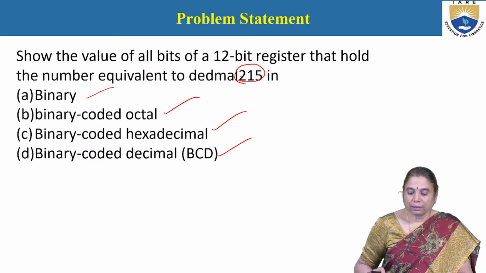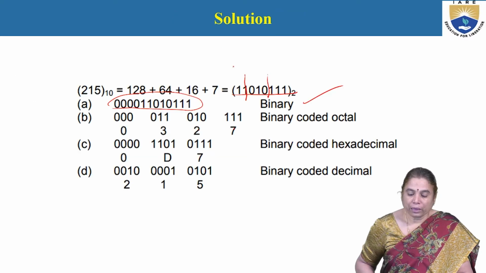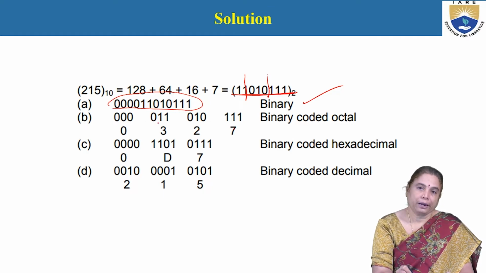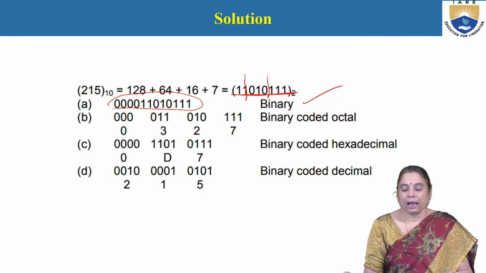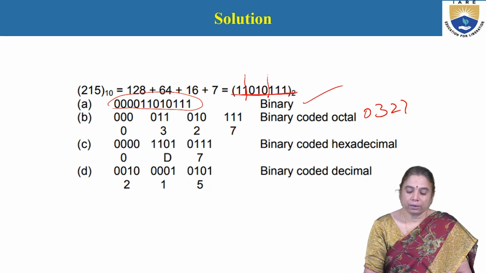Here the register is a 12-bit register, so in order to equate this value with 12 bits, the preceding zeros have to be added to this number. After adding this, group the bits in 3s and convert each group to its octal equivalent. So 0327 is the binary coded octal form.